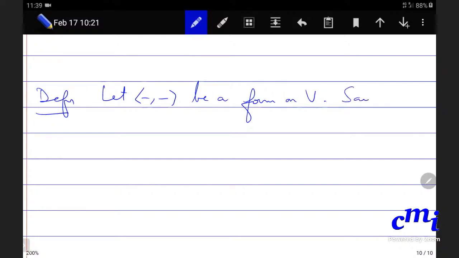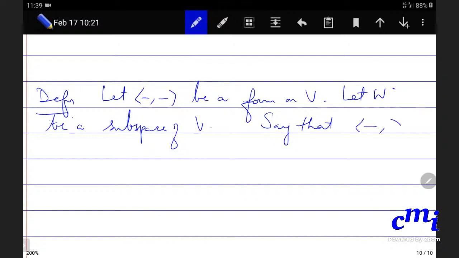We say that it is non-degenerate on W, where W is a subspace of V, if its restriction to W is non-degenerate.